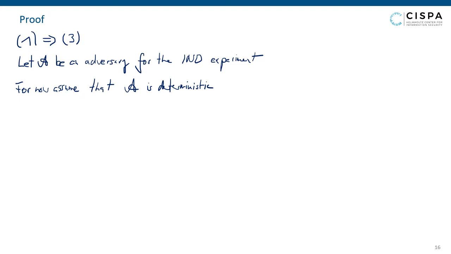So in definition 3 of perfect secrecy, I explicitly allowed that the adversary should be able to make random choices, but for the moment assume that it is a fully deterministic algorithm. So in particular, it means, for instance, A always uses the same two messages M0 and M1.